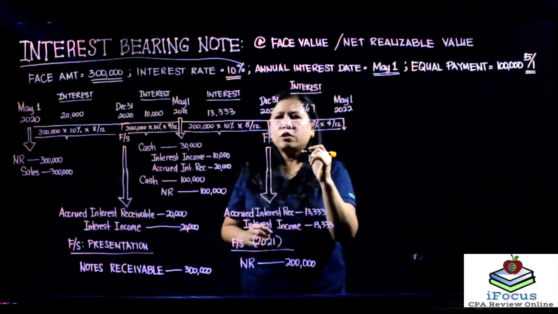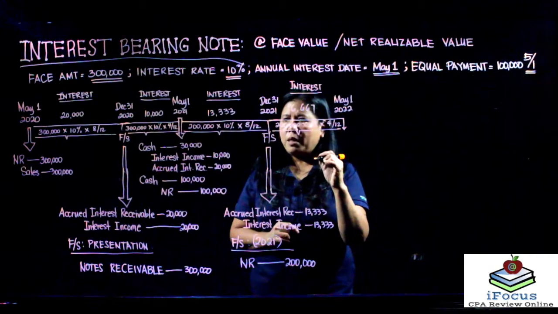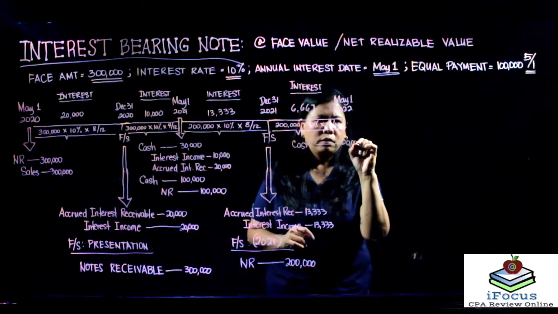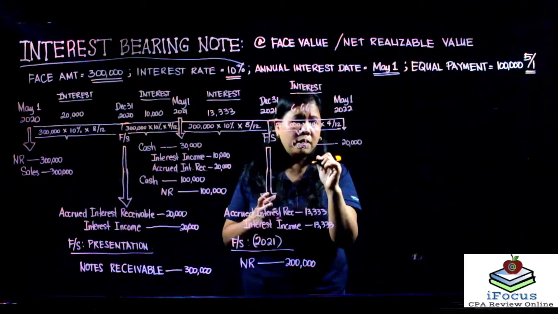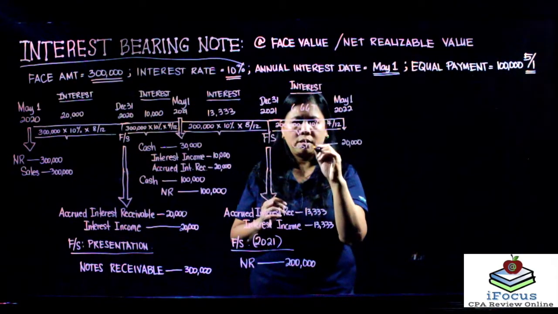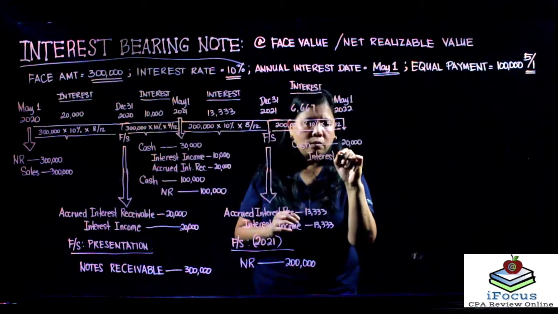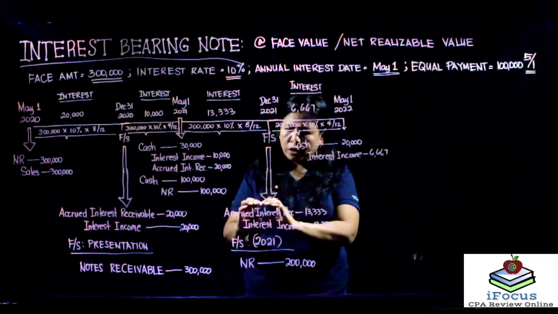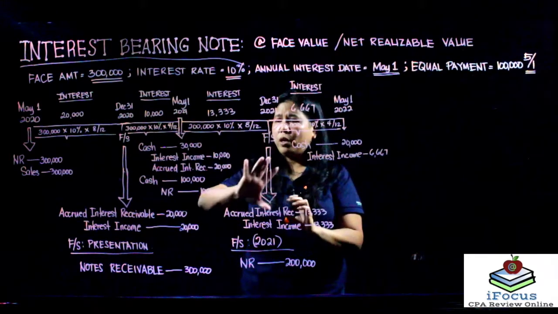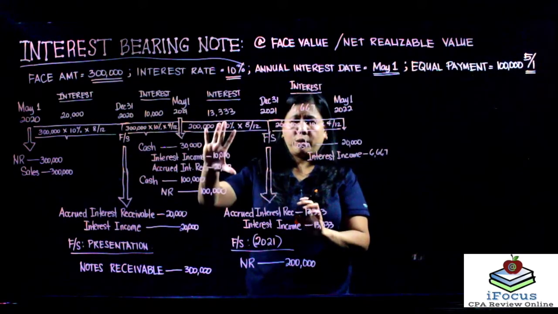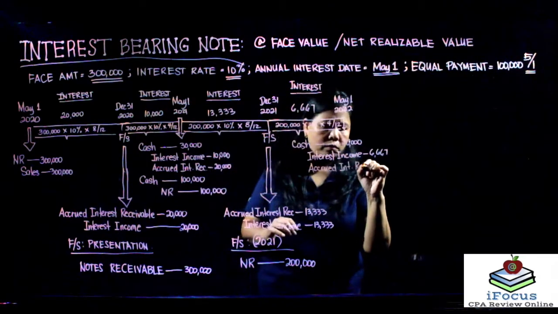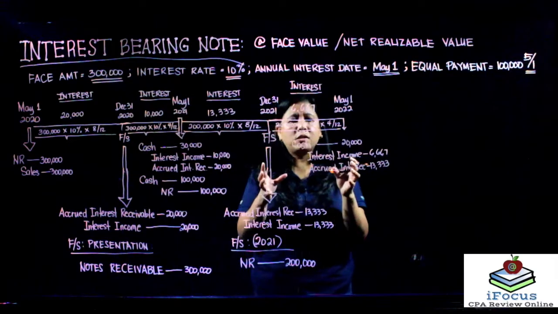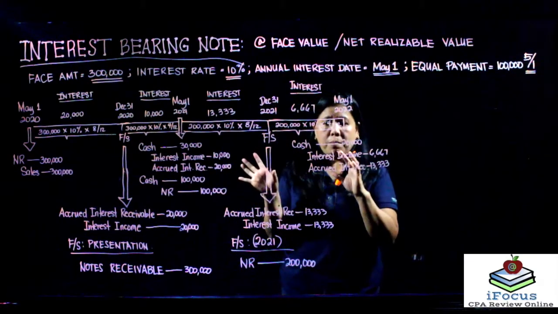So our entry will be a debit to cash of 20,000 and a credit to interest income of 6,667, and another credit for the accrued interest receivable that we already recognized in the year 2021, for a total of 20,000, same as the cash we receive from the maker.